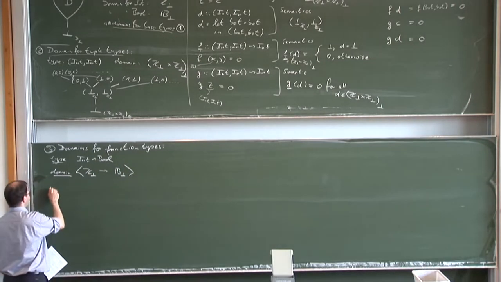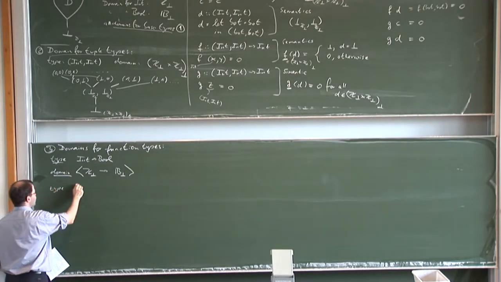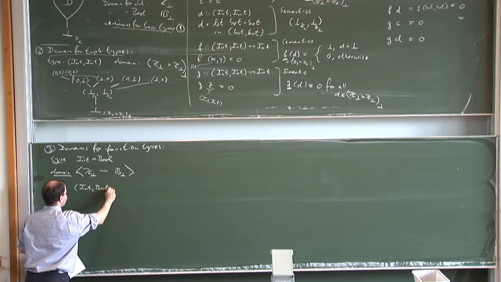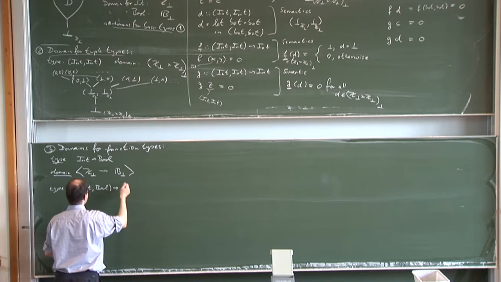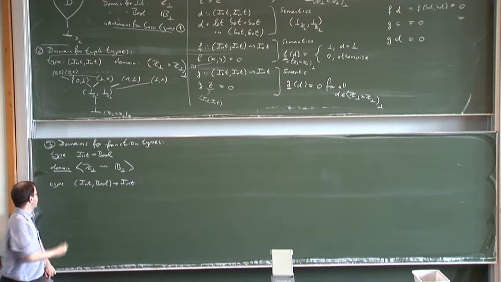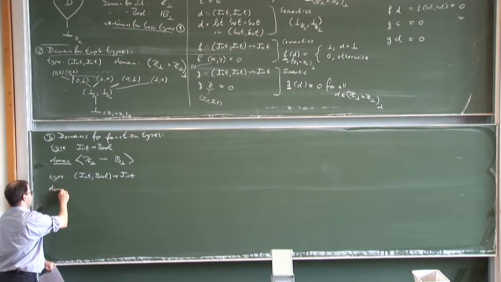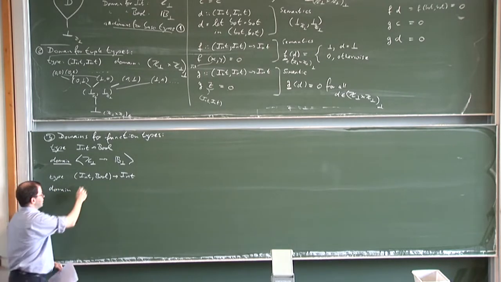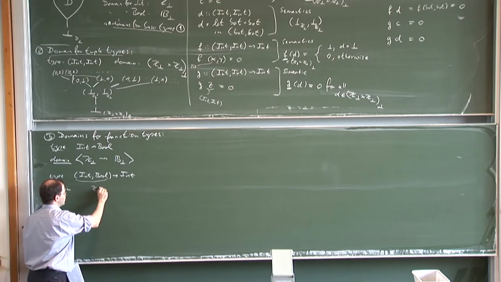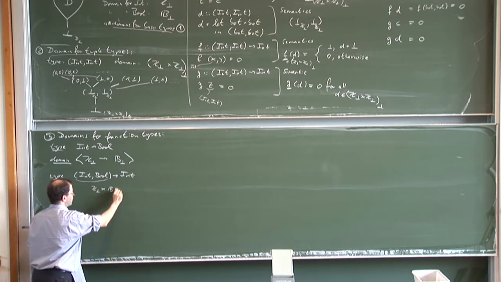Or, if we want to have another example, if you want the type of functions from int, bool to integers, then what would be the corresponding domain for this type? Well, you take the type for this. The type for this is Z bottom cross B bottom lifted.